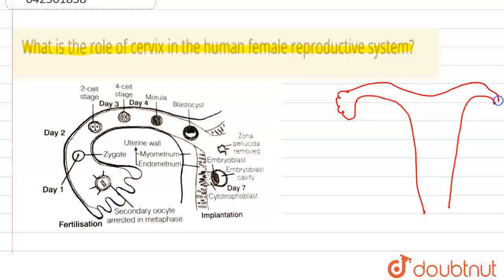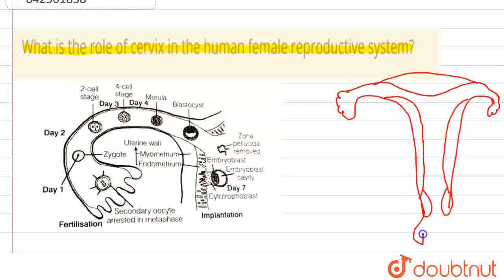These are two fallopian tubes here like this, and then this is some fundus present, then this is the body, then here is the endometrium lining, right? Then there is the isthmus part, and this is the cervix, right? So I will label here, this is the cervix, this is the ovary.